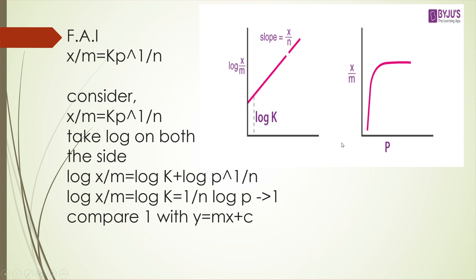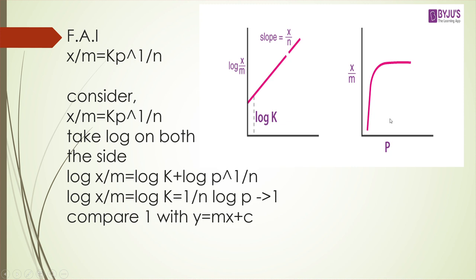You can see the graph here. This is the graph which represents the FAI, that is, Freundlich adsorption isotherm. Here, the amount of gas adsorbed increases rapidly with increase in pressure initially.